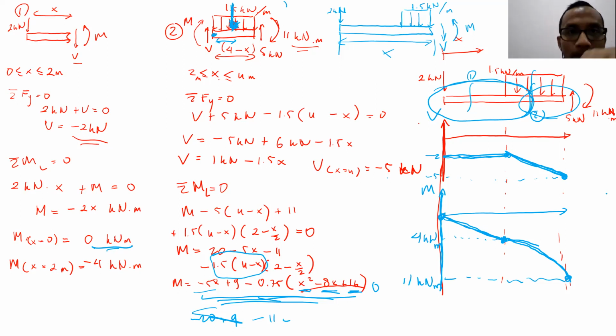Correct, Pak. Then after that, I multiply it again with the moment arm, because what we talk about here is moment. Yes. So the force multiplied by the moment arm. Because the centroid is exactly in the middle, what is the moment arm there?